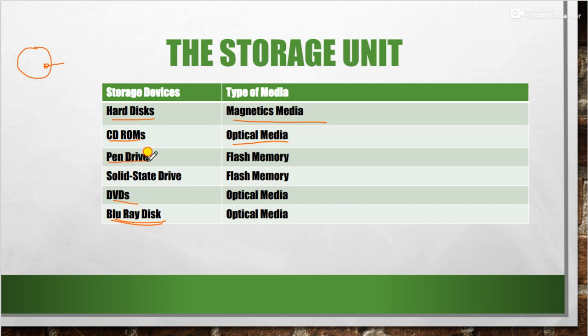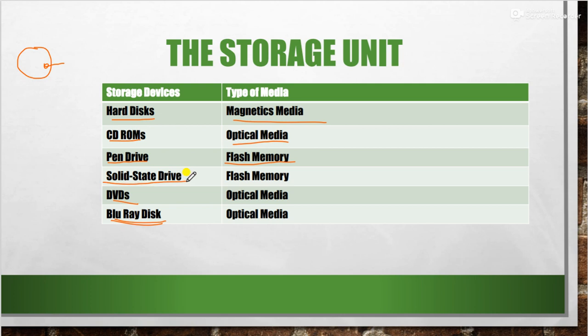Then next is your pen drive. Very common term these days. All of you are using pen drives, and generally we are plugging this pen drive in the USB port. Very small in size, completely portable in nature, very reliable. We can store the information in that, as well as carry the data from one place to another easily when we are using pen drives. What you have to understand is that its media is flash memory. Same thing we are using for solid state drive also.